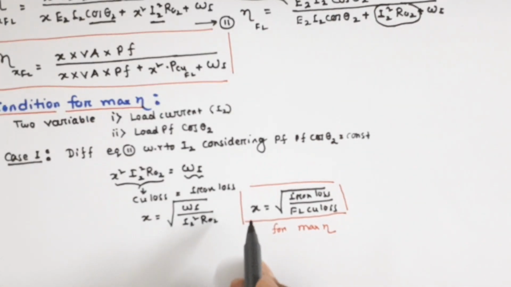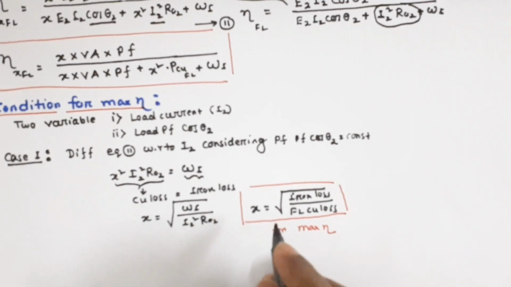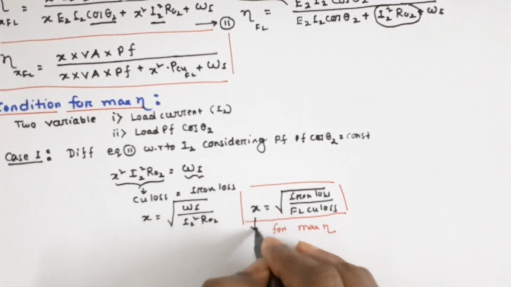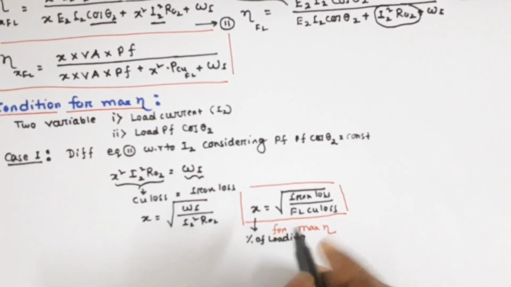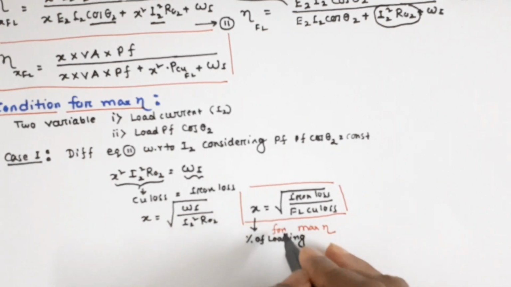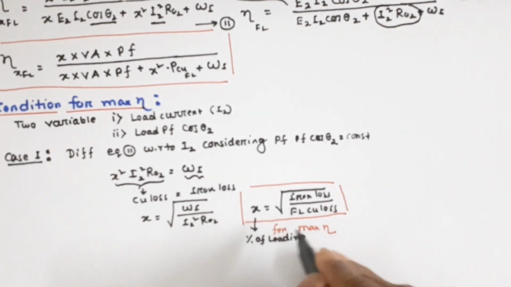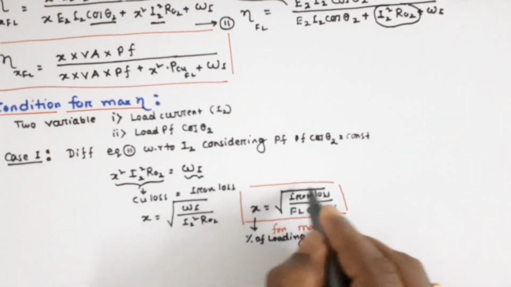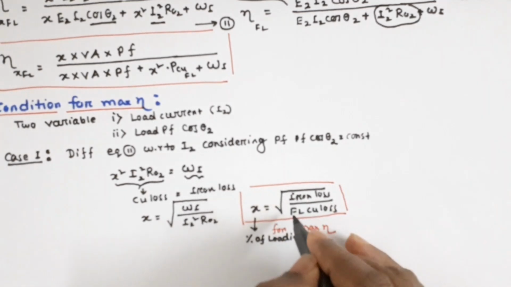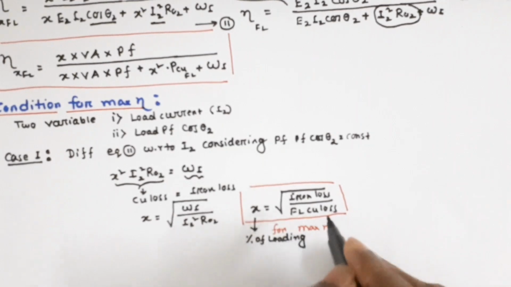Again, one of the most important relations, where x equals the percentage of loading. That means for maximum efficiency, the percentage of loading x is given by root over of iron loss divided by full load copper loss.